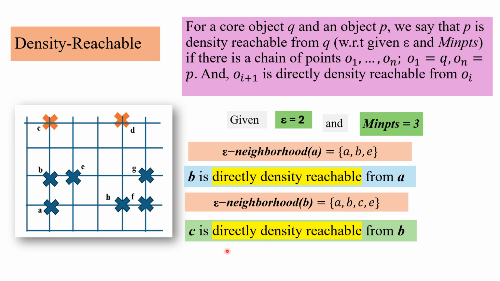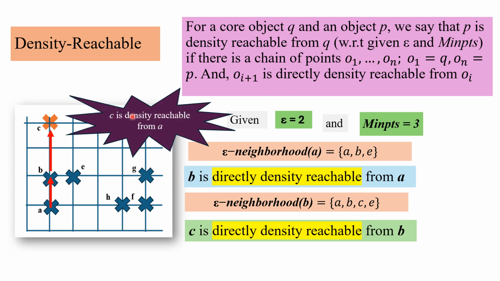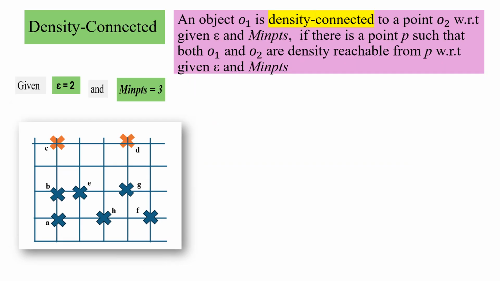So A, B, C, E. So C is directly density reachable from B, which means, see, we got a chain. This is the chain we were talking about, O1 to ON. So C is density reachable from A, right? C is density reachable from A.